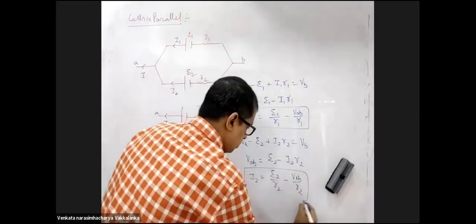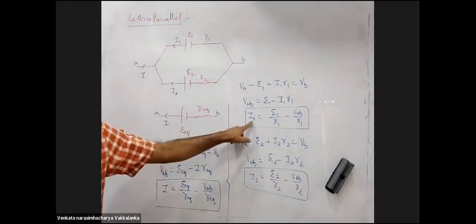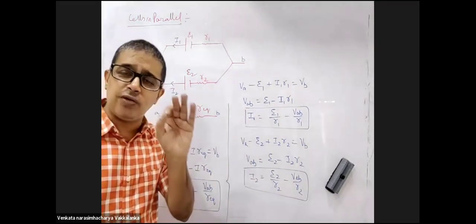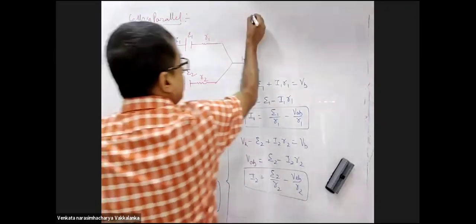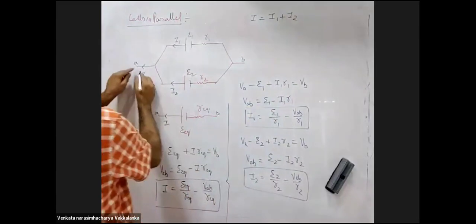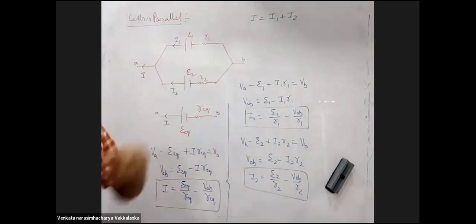Till here, is it clear to all? I calculated I1 and I2 simply using Kirchhoff's current law and voltage law. Where did you use the current law? I is equal to I1 plus I2. You applied KVL here, and you applied KVL here.